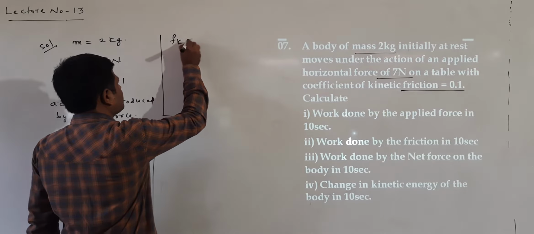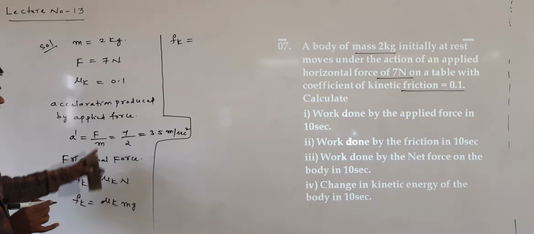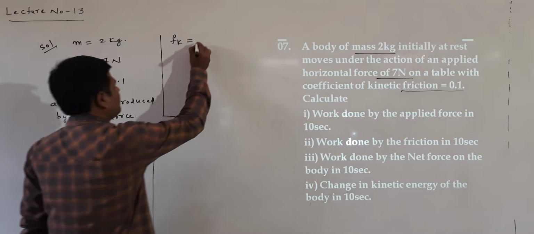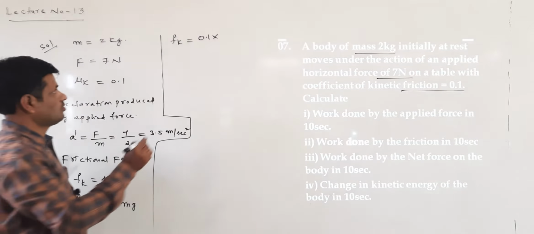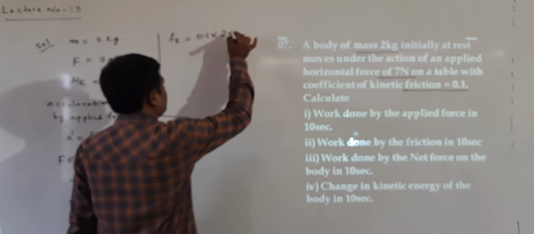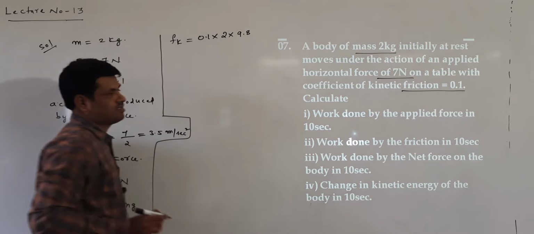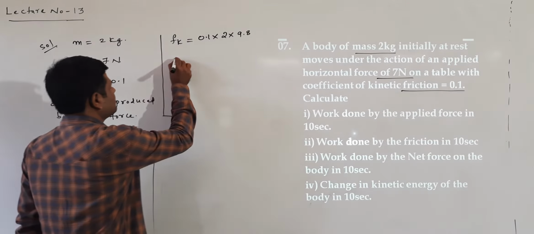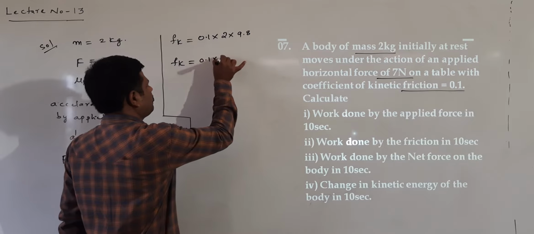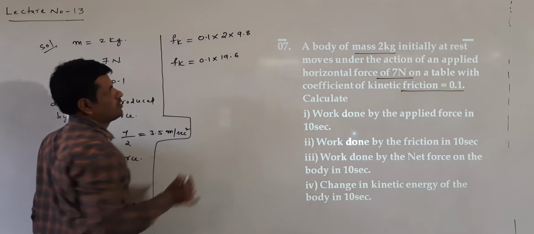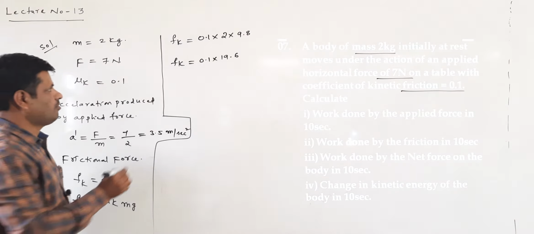Now Fk is equal to mu k, which is 0.1, into mass 2 into g value 9.8. 9.8 into 2 is equal to 19.6.